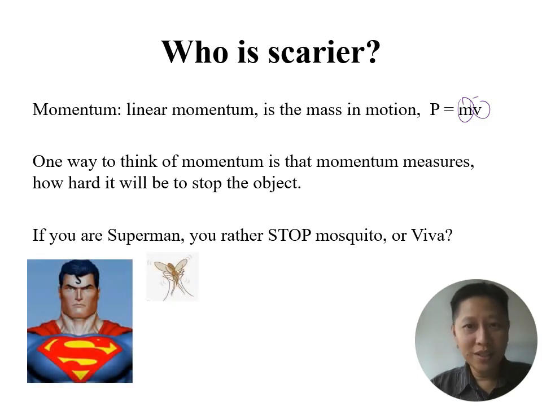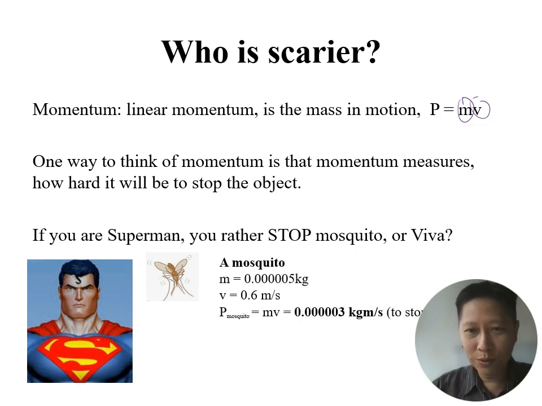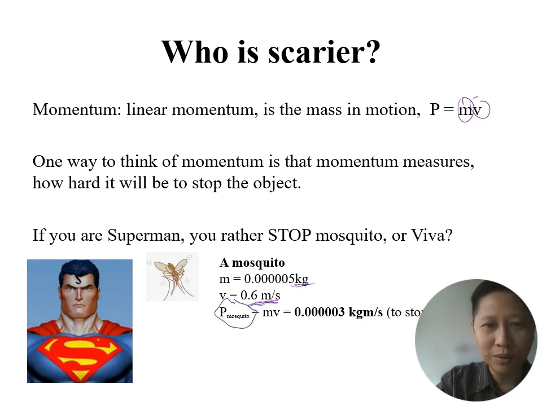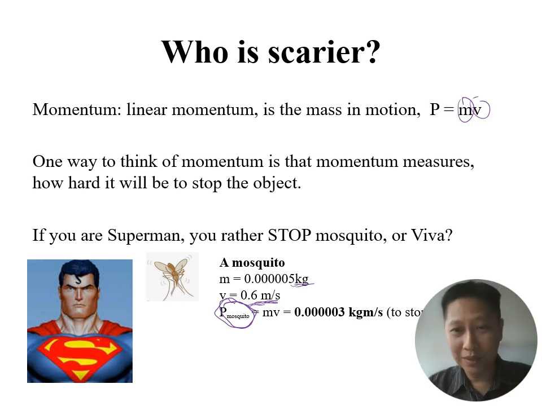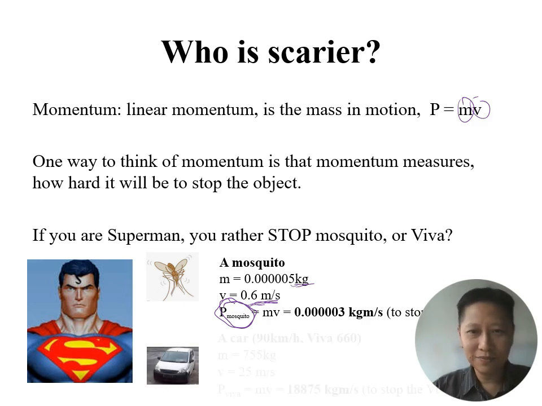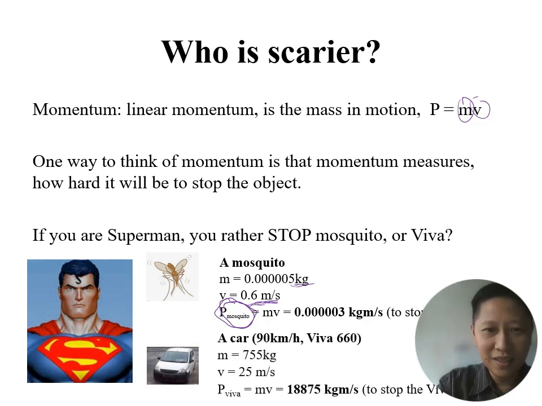When we use the formula to identify the value of momentum, the weight of the mosquito is so small and the speed of the mosquito is also small. When we want to find how hard to stop the mosquito, we multiply these two properties, and we get a very, very small number. Let's look at the Viva car. The car is 755 kilograms, very heavy compared to the mosquito.